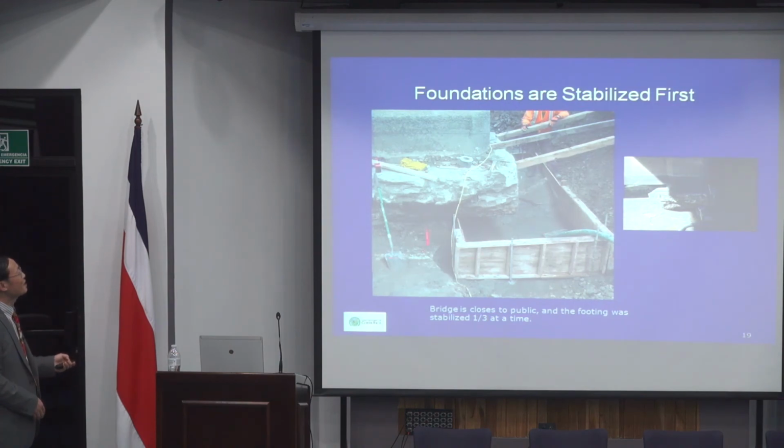So they cast three times. To prevent the bridge from collapsing, you cannot remove all the soil because there are no piles. They also considered using deep micropiles, then found the soil underneath is very stiff. It's difficult to drive, so they decided to just use regular concrete without piles.